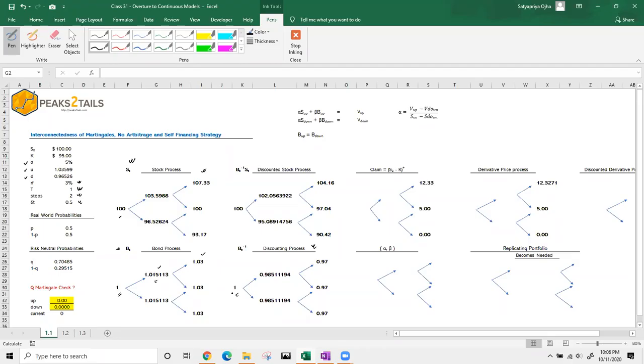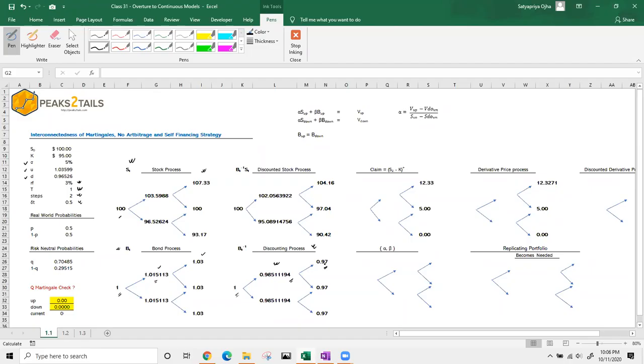So this is like a present value factor, and this is exactly 1 divided by the bond process. So here you have 0.98 discounting, here you have 0.97. It will keep on decreasing, because the farther the cash flow is in the future, the more heavily it is discounted. That we know.